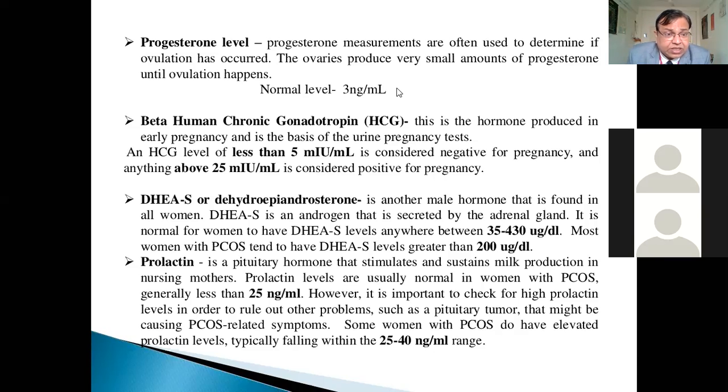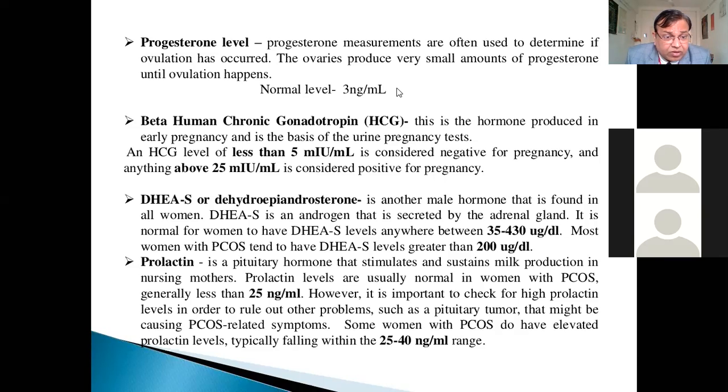Now next test is DHEAS test, that is dehydroepiandrosterone. This is another male hormone that is found in all women. DHEAS is the androgen that is secreted by the adrenal gland. It is normal for a woman to have DHEAS level anywhere between 35 to 430 microgram per deciliter.